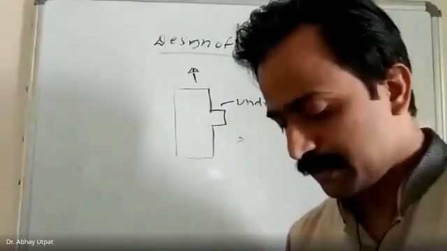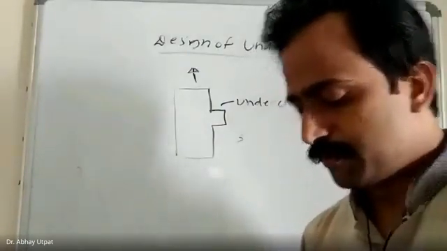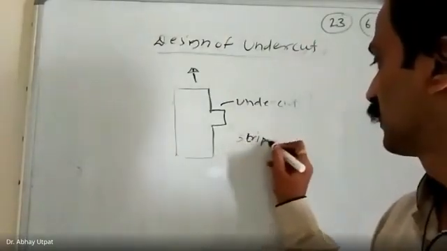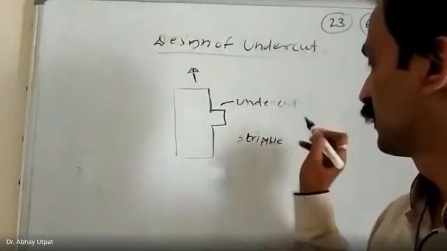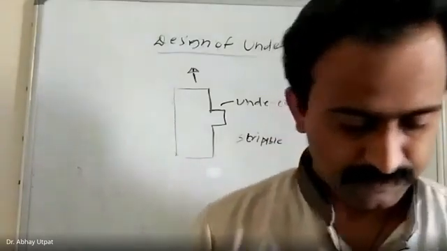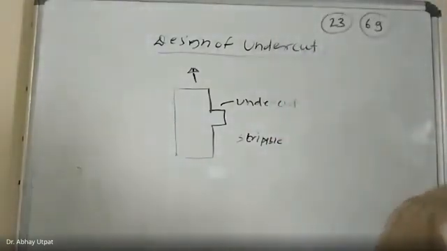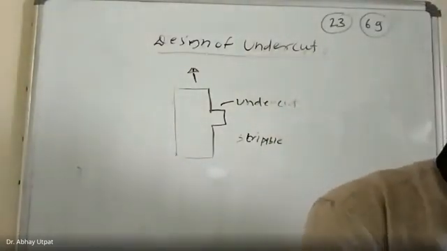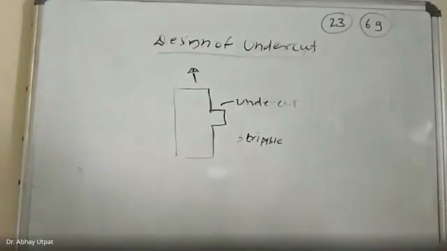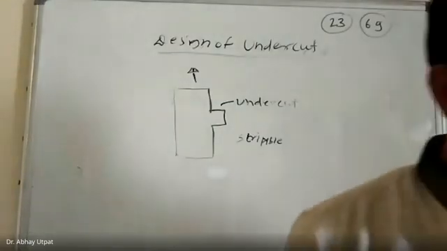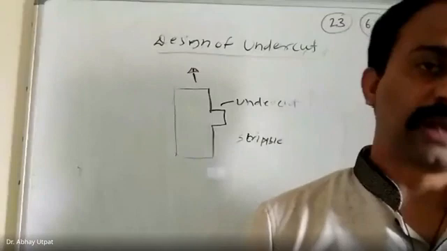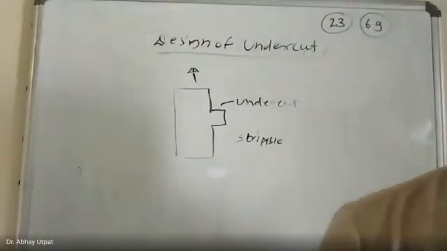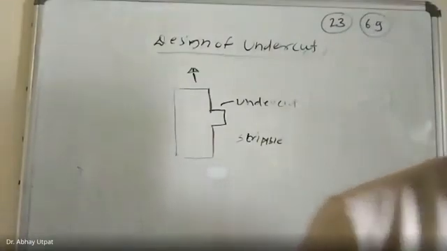Strippable means you can just mold it. If such undercuts are not strippable, the other half of the mold needs to be removed.